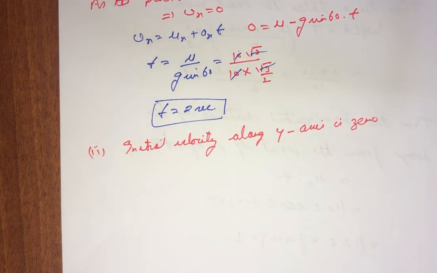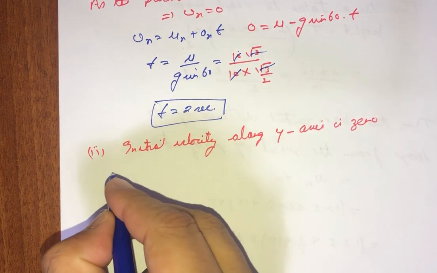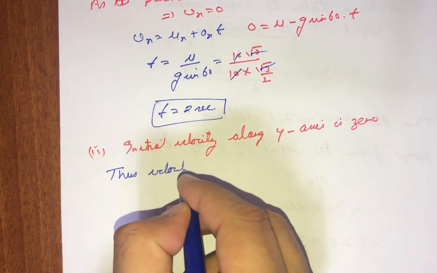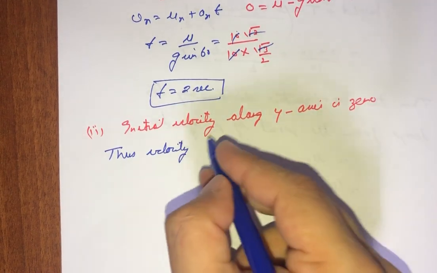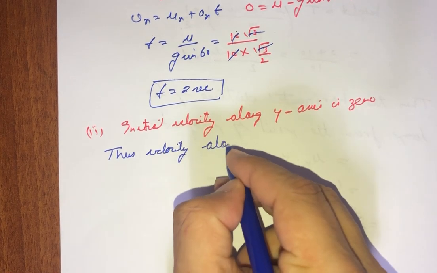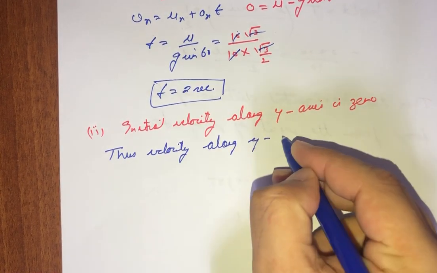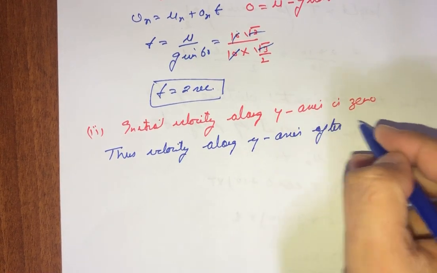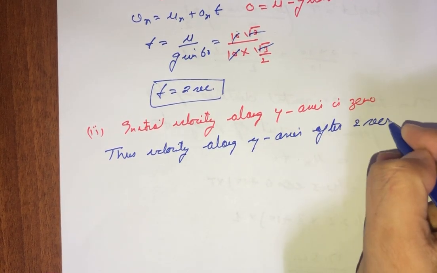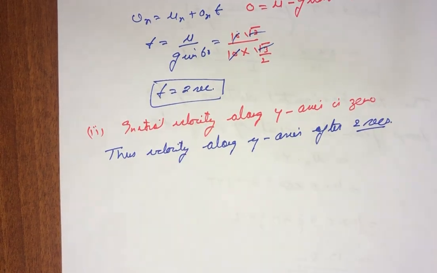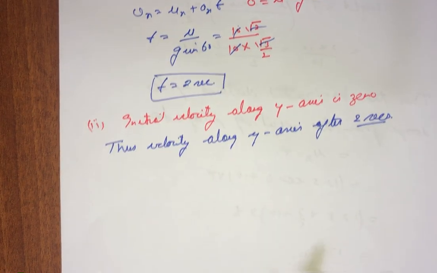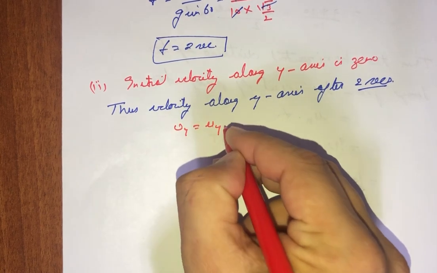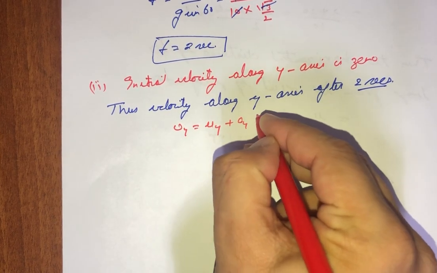Thus, the velocity along the y-axis after 2 seconds time. So we can write this as v of y is equal to u of y plus a of y multiplied by t.